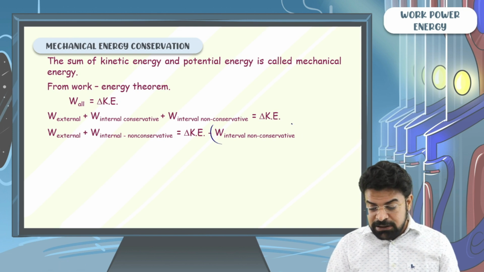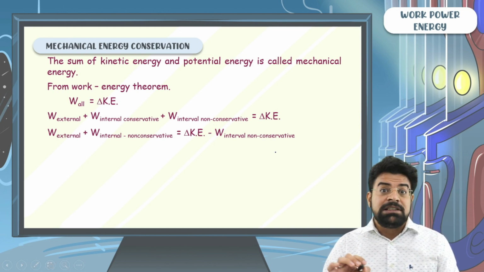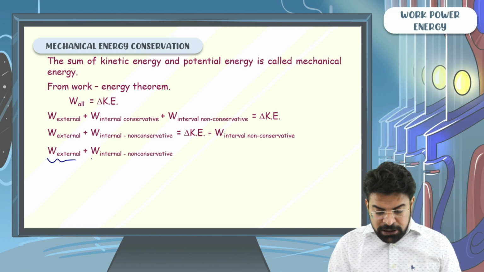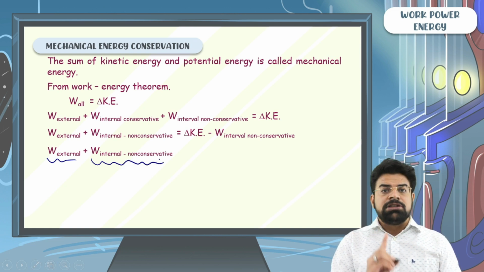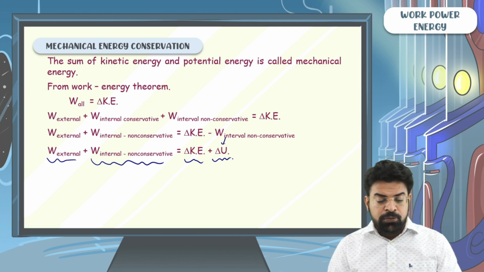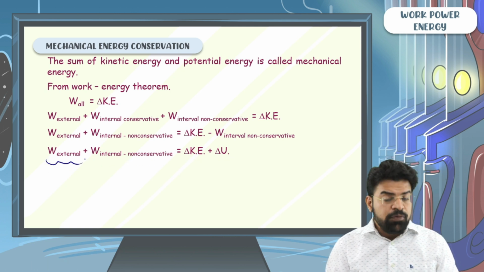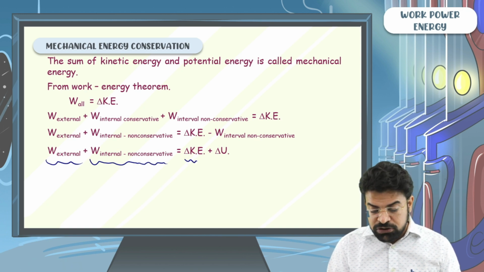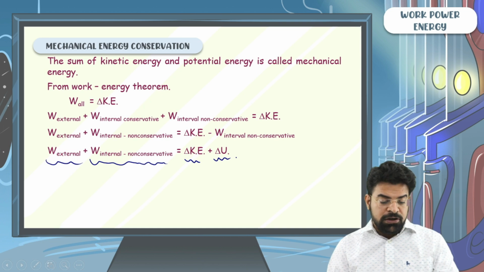It is the change in potential energy. So the work done by external forces plus the work done by internal non-conservative forces equals the change in kinetic energy plus the change in potential energy.